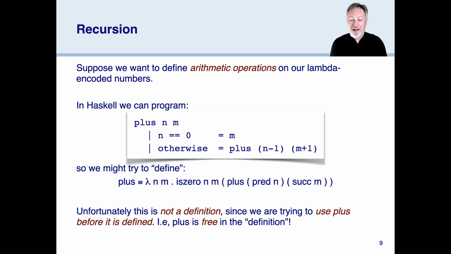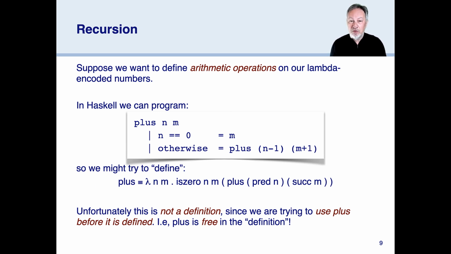So we can define plus, notice the 3-barred equal sign, that's a definition, so we're defining a macro as it were. Plus should be lambda n m, and in order to make the decision we'll apply is0 to n. If n is 0, then we return m, else we return plus applied to predecessor of n and successor of m. Looks beautiful, right?